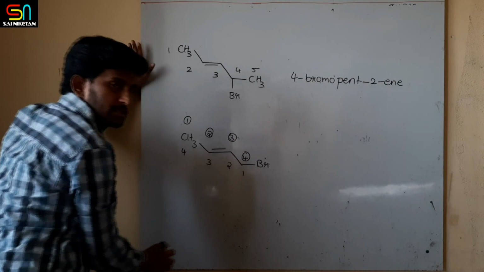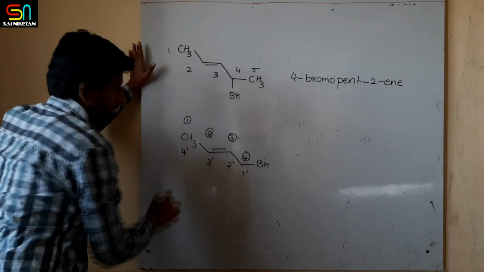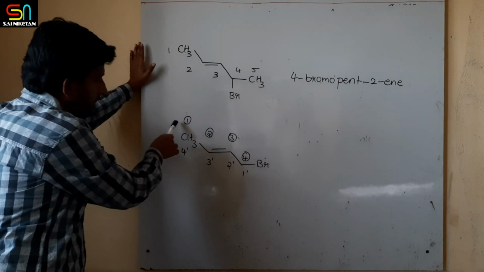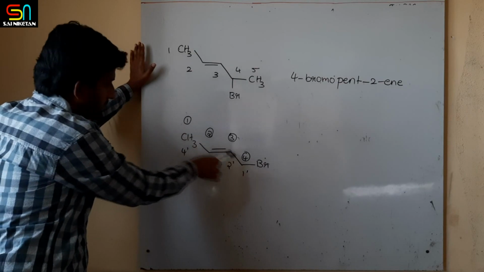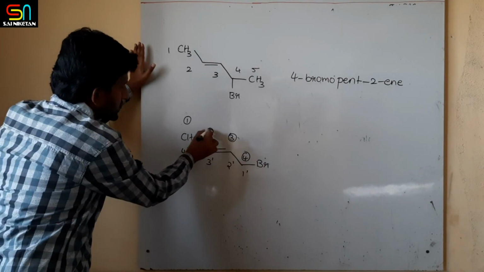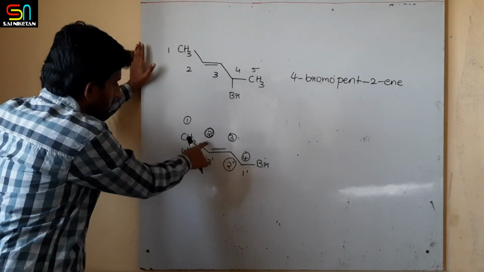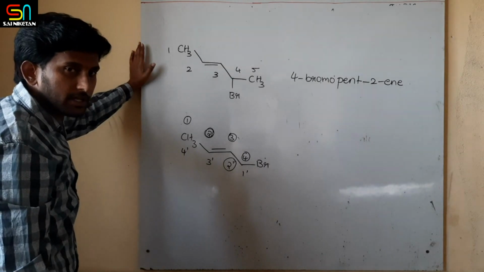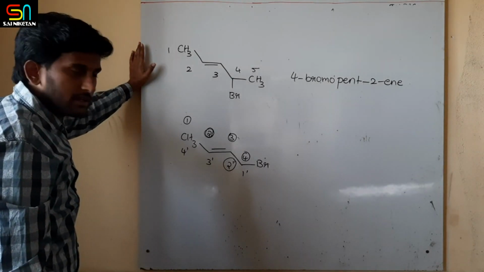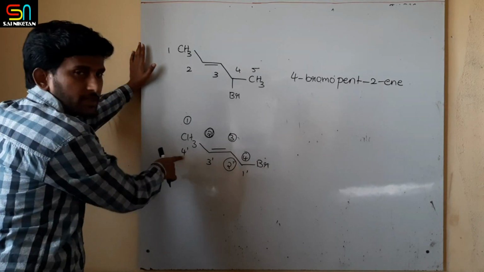So whether you number from upside down or from down to upside, the double bond falls under the second position only. But I will prefer to number from this side. Why?